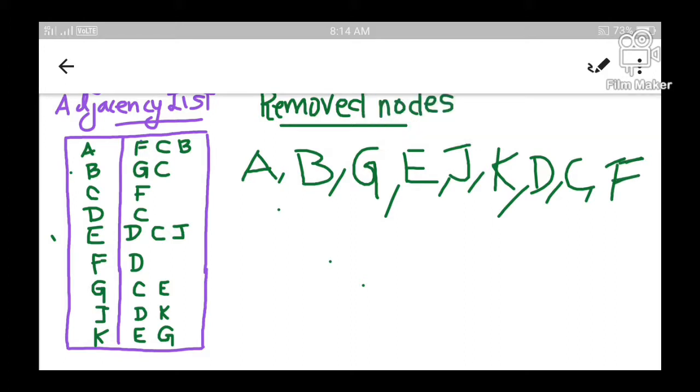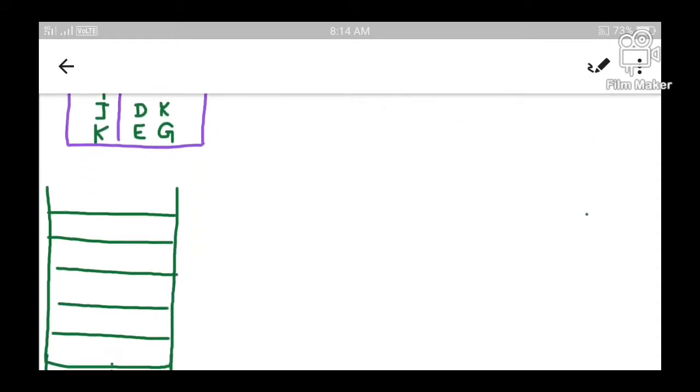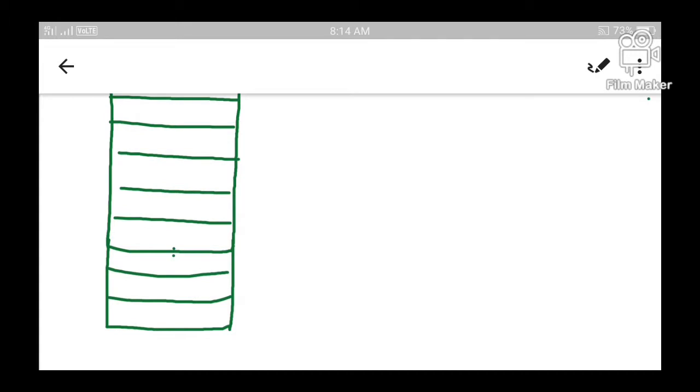Let us find the adjacent nodes of F. F is having an adjacent node D, but D was already pushed onto the stack, so it need not be pushed again. Let us see what is the next top element on the stack. Stack is empty. Stack is having no elements in it, so the algorithm is completed.